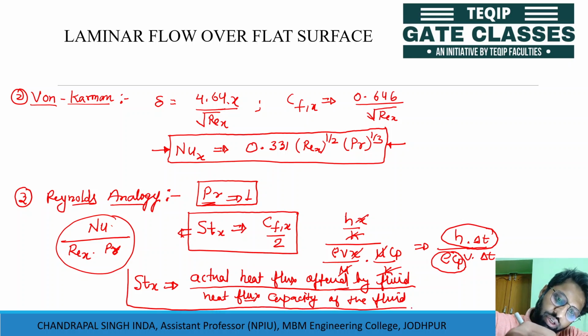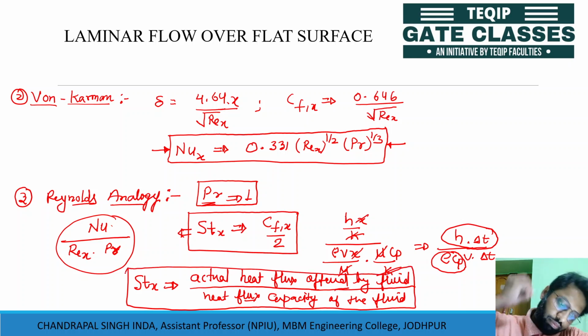This is the value of Stanton number. Through the Reynolds analogy, we have this result that Stanton number is equal to Cfx by 2, the local skin friction coefficient.